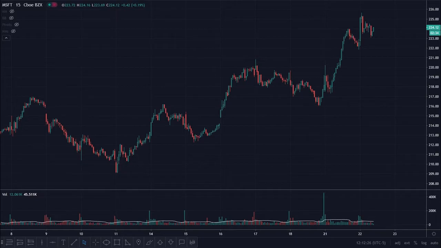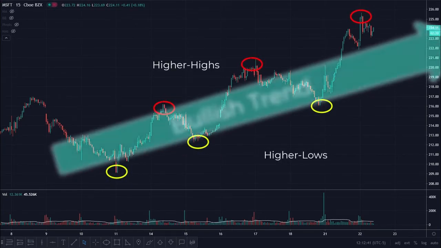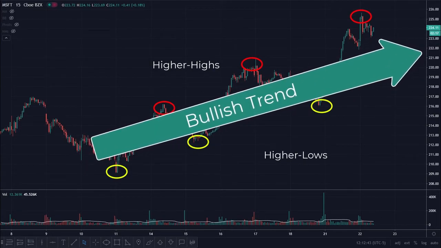And so when the trend is bullish, you can consider taking a long opportunity when the price retraces. And so again, this would be an example of a bullish trend because the stock is making higher lows and higher highs.